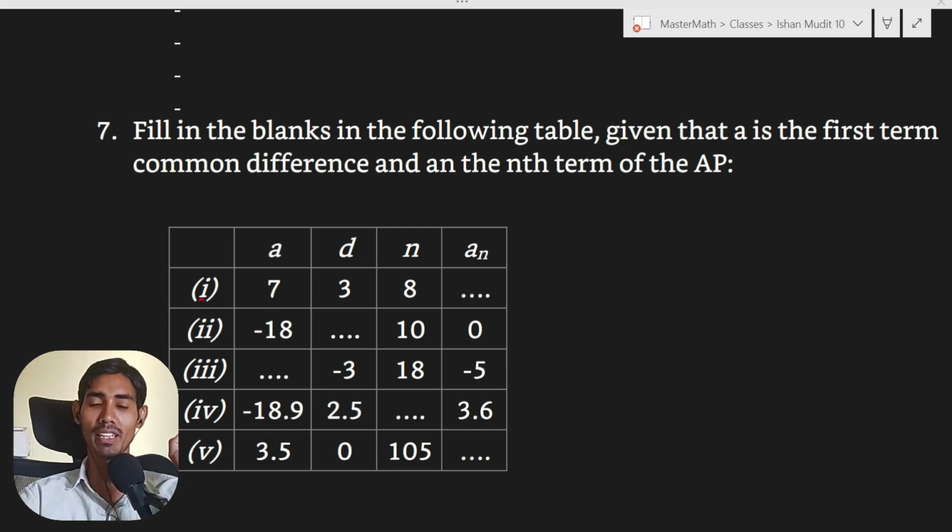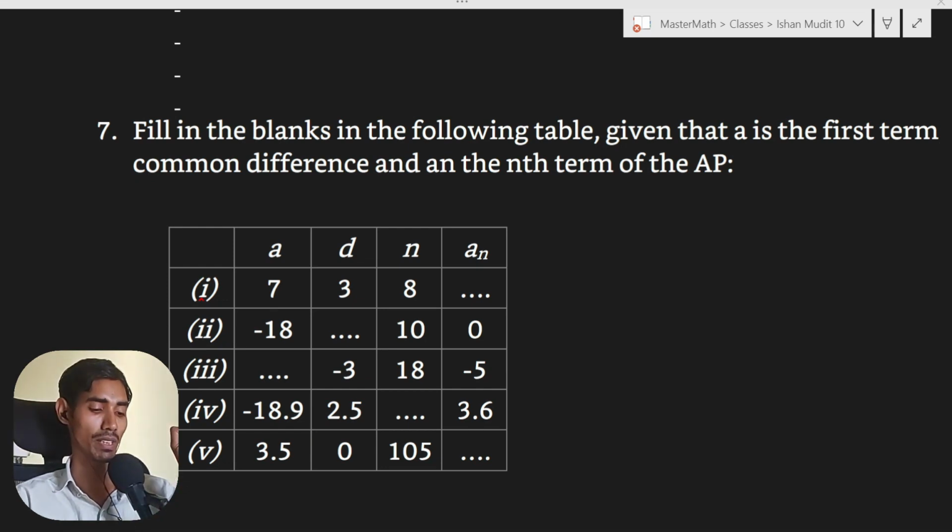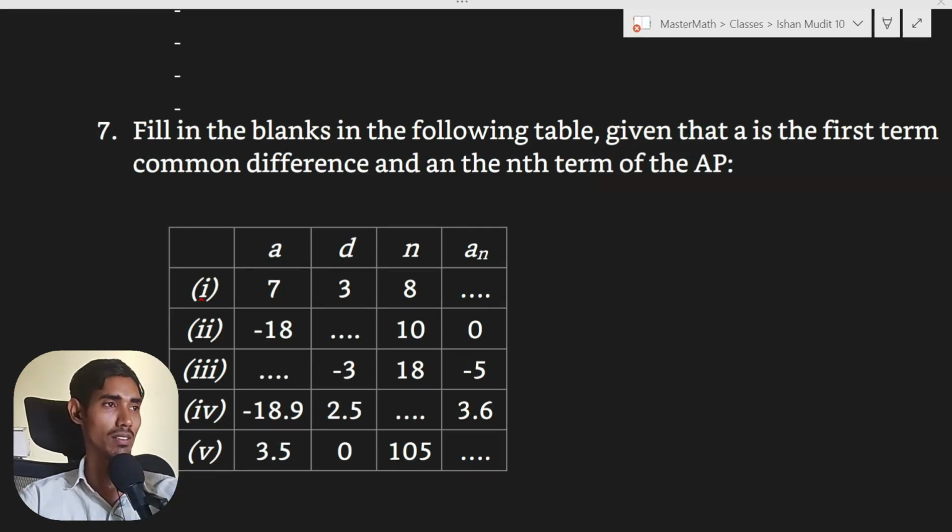Anyone confused with anything, please stop me and ask. For the first one, AN is 29. Just chop off one from that and you will get 28. So it's 7 plus 24, minus 3, right?